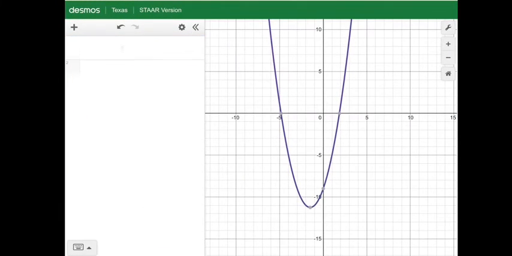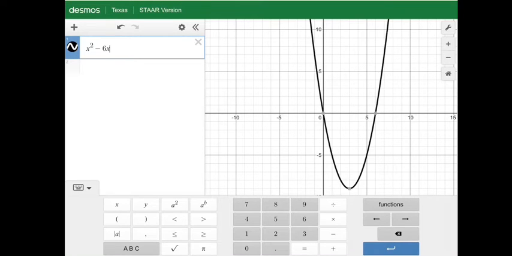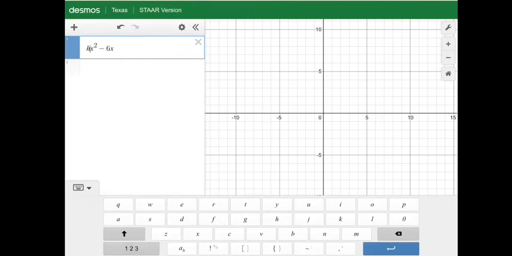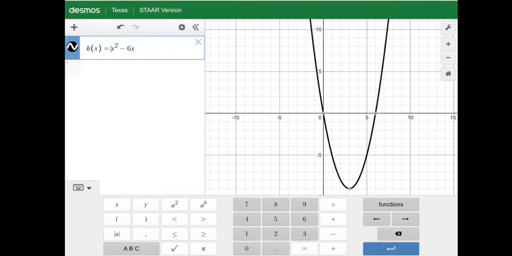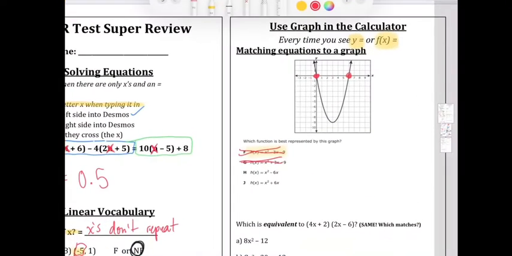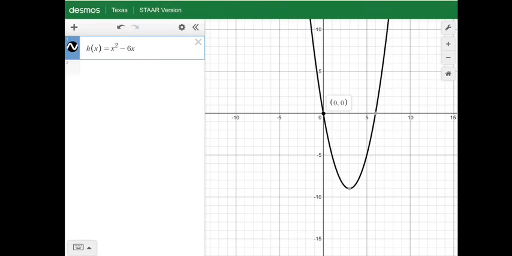Letter H, x squared minus 6x. If I look at this graph, yep, and you can also put h of x in the front. It's the same thing. h of x, it'll graph it the same. Equals. Now it looks exactly like letter H. And this h of x equals x squared minus 6x.